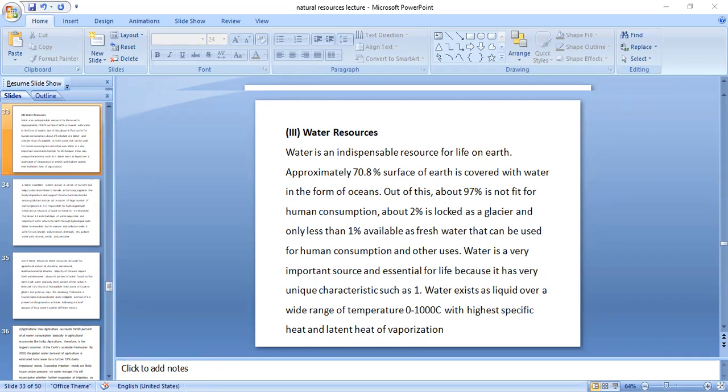Just now I said that many scientists, many researchers were doing projects on water. Under those projects, they were putting more and more focus on water scarcity, problems of water, water pollution, how to enhance the ratio of fresh water, and whatever water is there, how to conserve it.